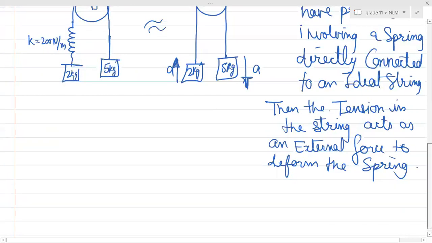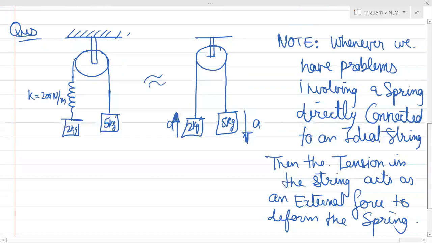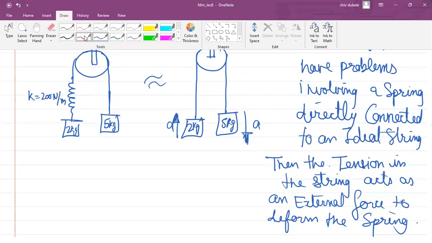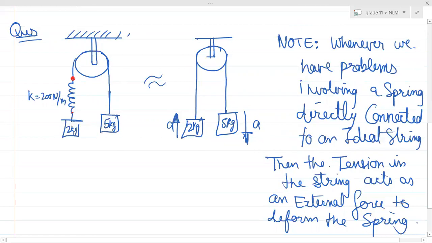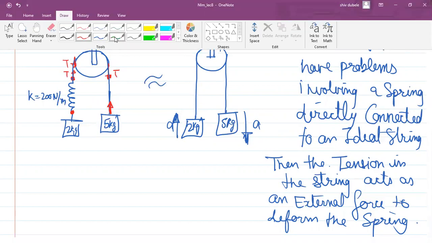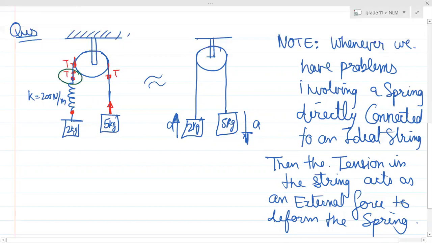So can you see over here, if I talk about this object, there will be tension acting at this point, tension acting at this point, tension acting at this point, and tension acting at this point. So what will this tension be doing? Will this tension act as a stretching, external force to stretch this thing, right? Yes or no, guys?